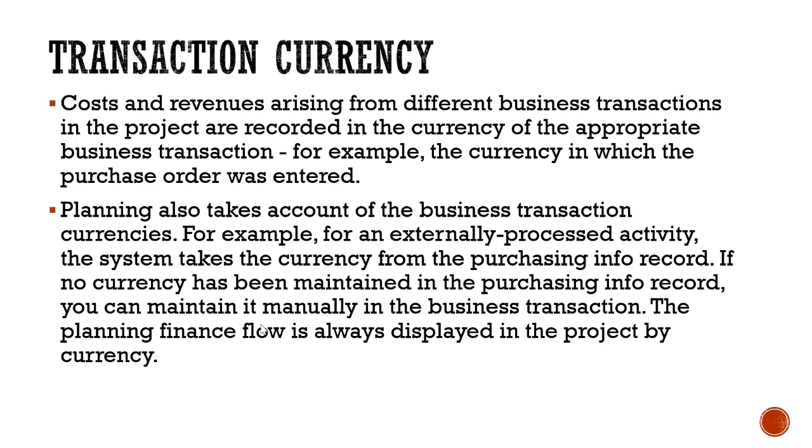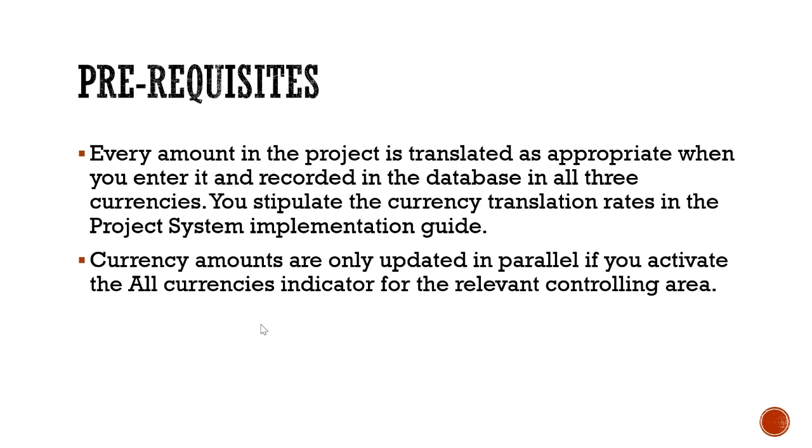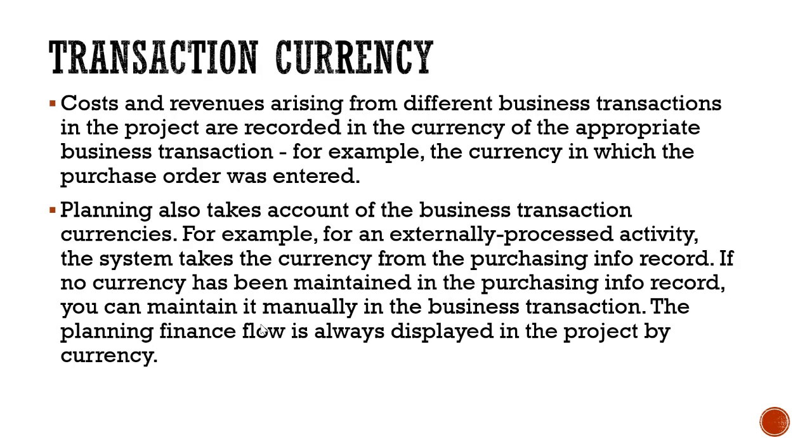That's how the transaction currency varies. Whenever a report is extracted from the system, the transaction value will be represented in different transaction currencies, depending on how the transactions happen.